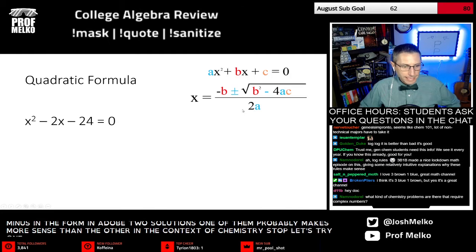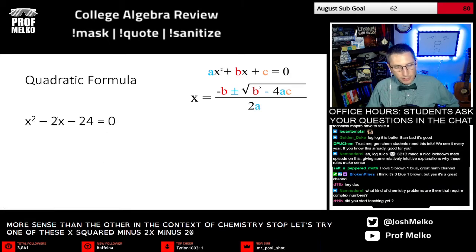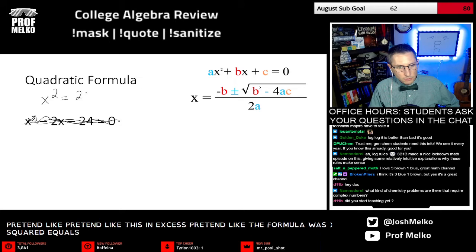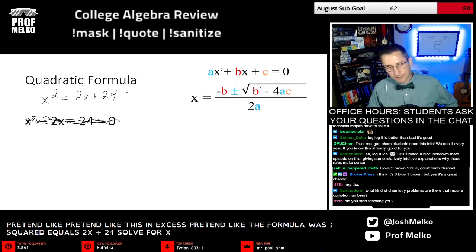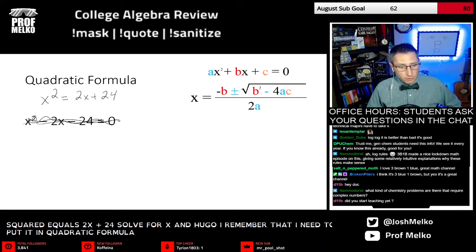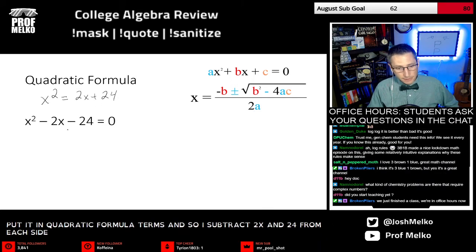So let's try one of these, x squared minus 2x minus 24. I've already arranged it, okay? Pretend like this didn't exist. Pretend like the formula was x squared equals 2x plus 24. Okay, solve for x. And you go, aha, I remember that I need to put it in quadratic formula terms. And so I subtract 2x and 24 from each side to be left with this.